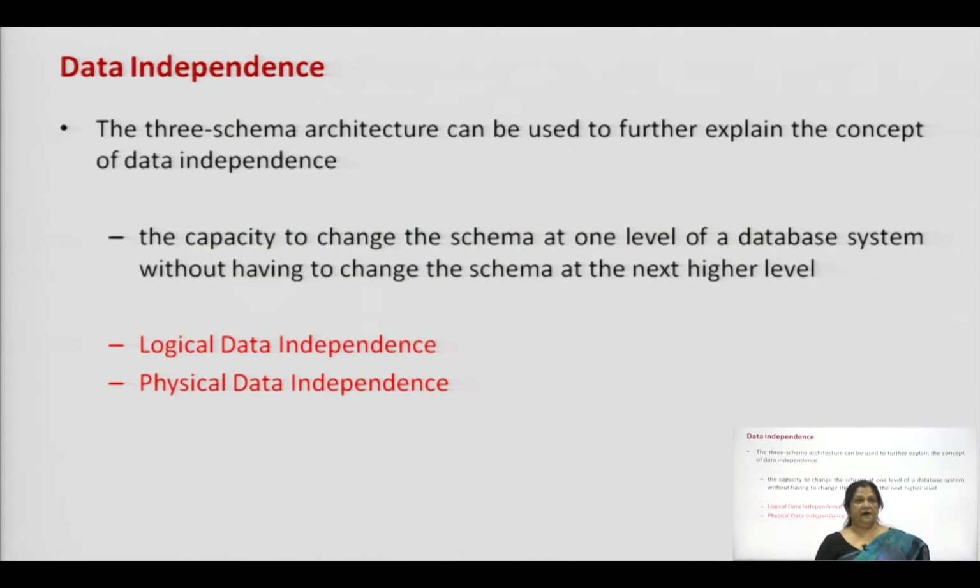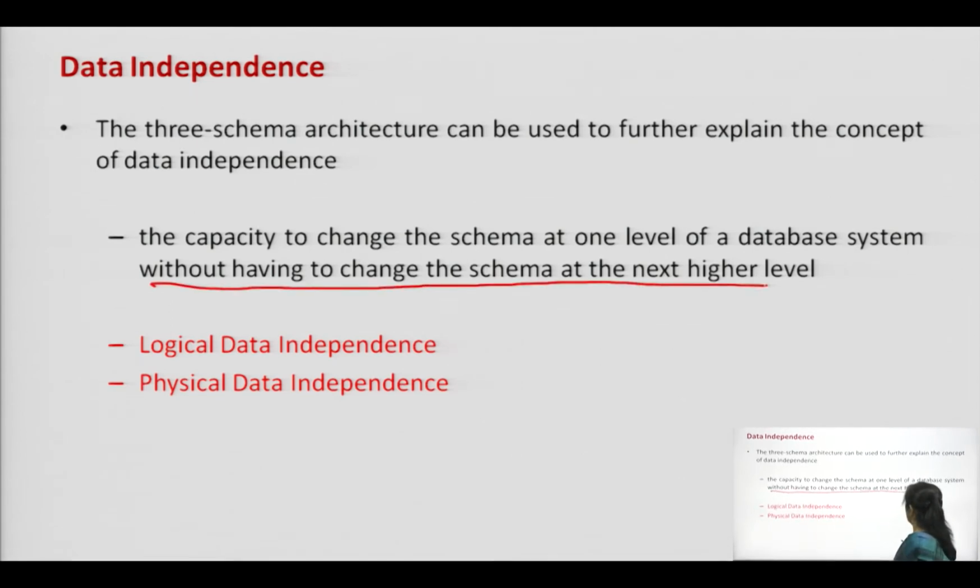Data independence: the 3 schema architecture can be used to further explain the concept of data independence. Data independence means the capacity to change the schema at one level of the database without having to change the schema at the next higher level.